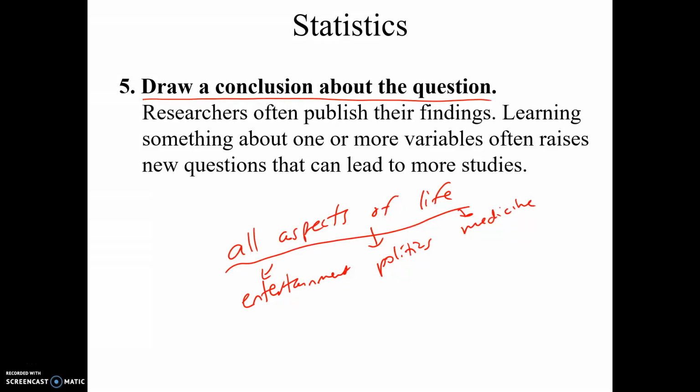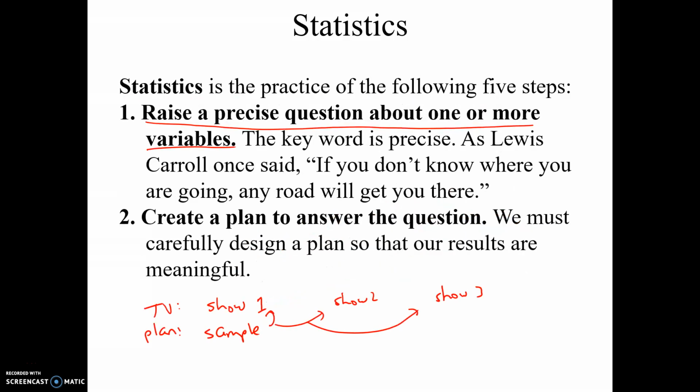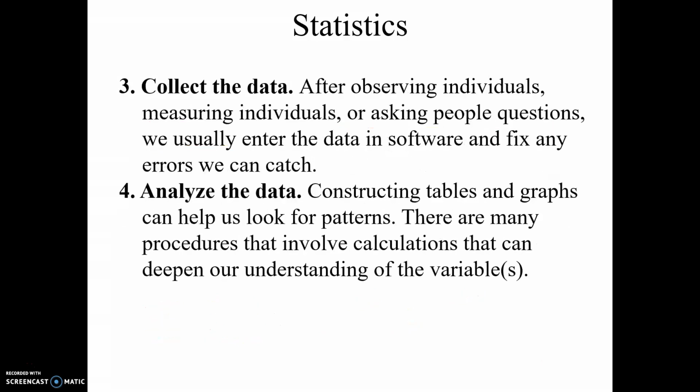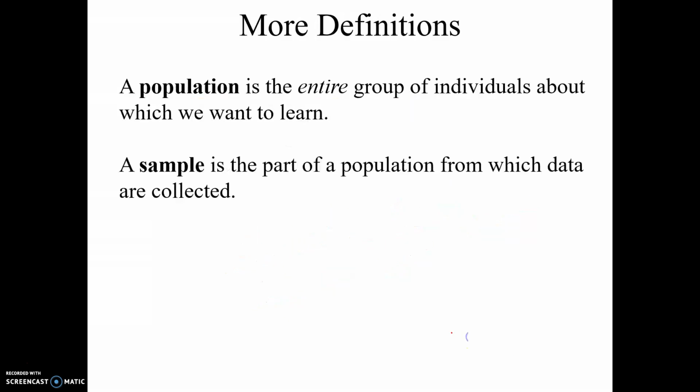Every aspect of life utilizes statistics by asking these questions. Okay, what is a question we want to know? What is a plan to answer the question? We collect the data, and we analyze the data, and we draw a conclusion. Those are the 5 basic steps of statistics.